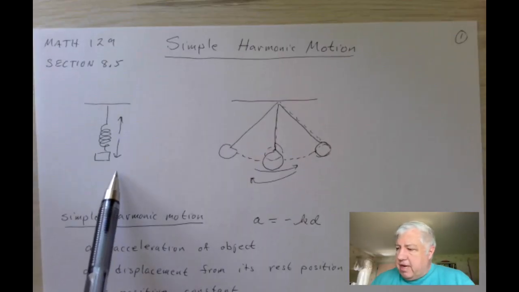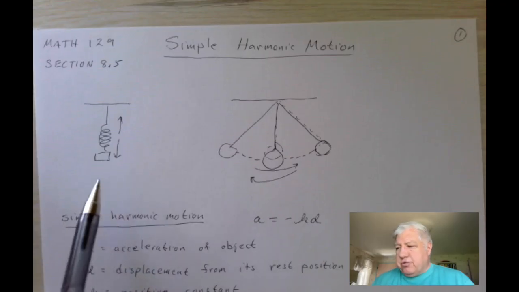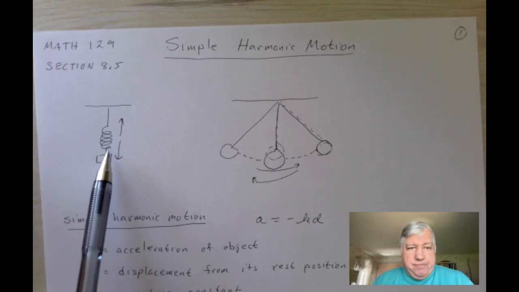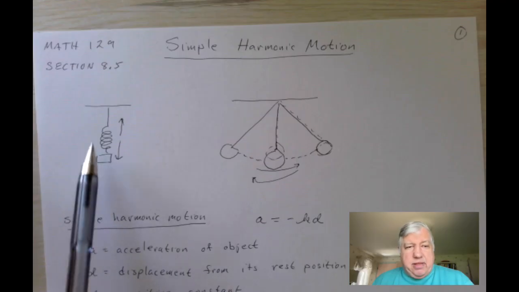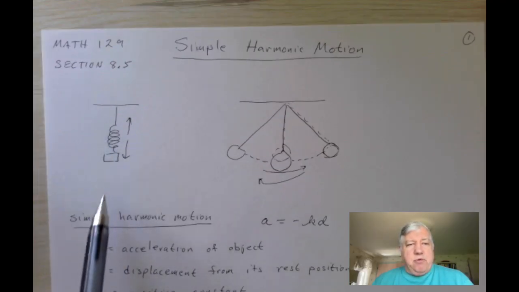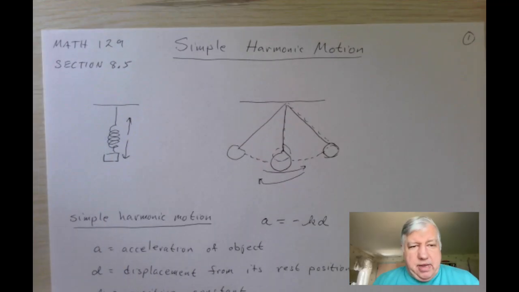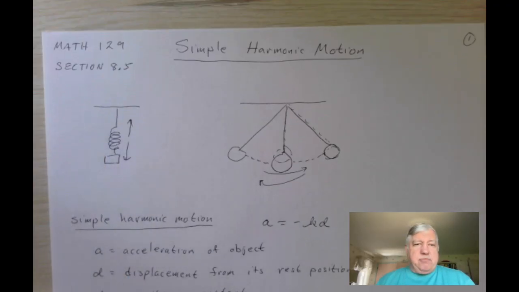Two examples of this: if we take a spring, put a weight on it, pull it back and then let it bounce back and forth, and ignore air resistance so that it bounces up and down forever, that's an example of simple harmonic motion.